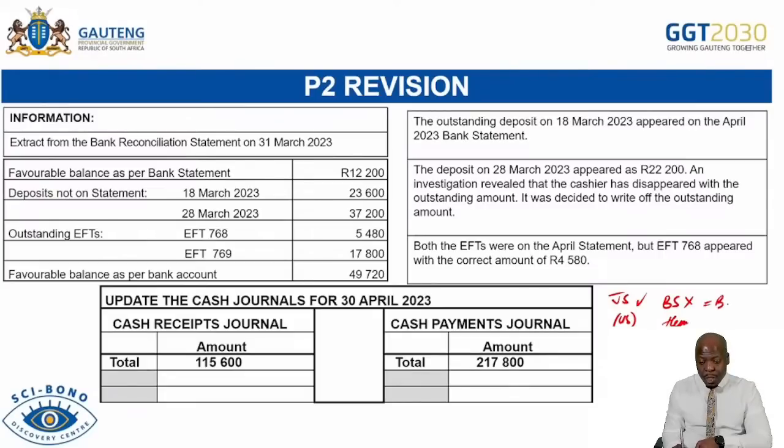Hence, we put it on the bank reconciliation statement. In the event that such information then appears on the bank statement, it means what we were looking for has now been found. Remember, there's a question that always says, why should a business prepare a monthly bank reconciliation? That is part of the theory that you need to go and work on over this weekend.